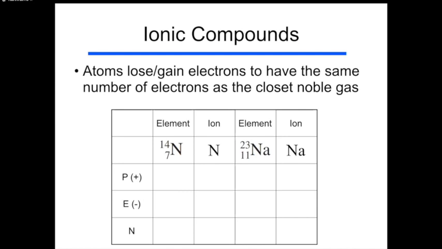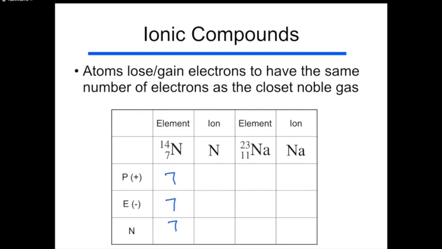When I look at the elemental form, nitrogen weighs 14 and has atomic number 7. That means we have 7 protons, 7 positive things. Since it's the element, it has no charge, so it has to have the same number of electrons. And we can calculate the number of neutrons by subtracting the number of protons from the mass, so we have 7. That is something that we've done before.